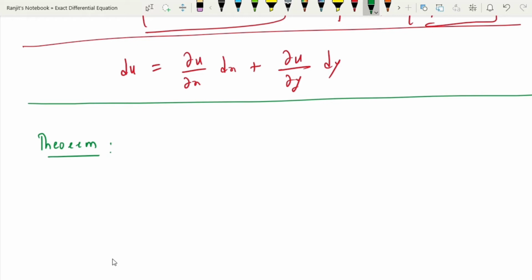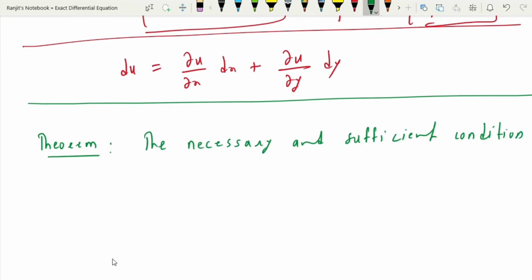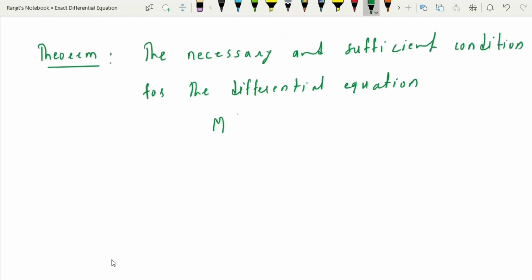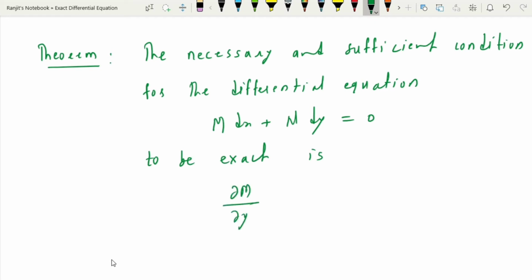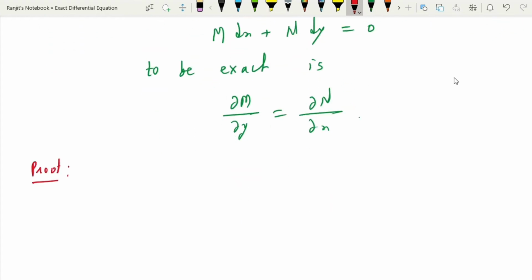Theorem: the necessary and sufficient condition for the differential equation M dx plus N dy is equal to 0 to be exact is del M by del y is equal to del N by del x. Now its proof.